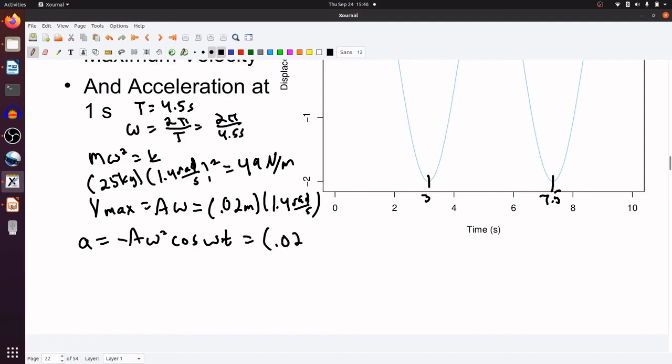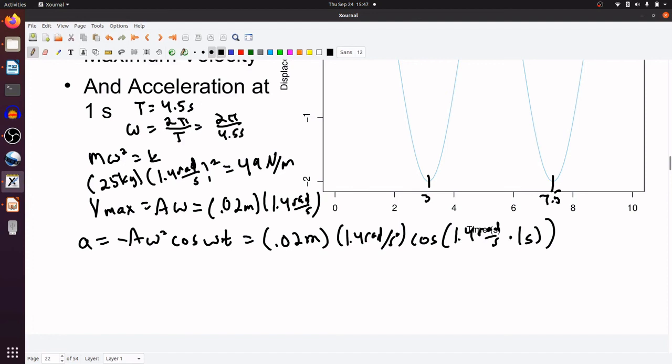So I take my 0.02 meters, and I multiply that by 1.4 radians per second squared, cosine of 1.4 radians per second, and that is times the time of 1 second. So it's really just 1.4. And that'll give you my acceleration. 0.02 times 1.4 times the cosine of 1.4.